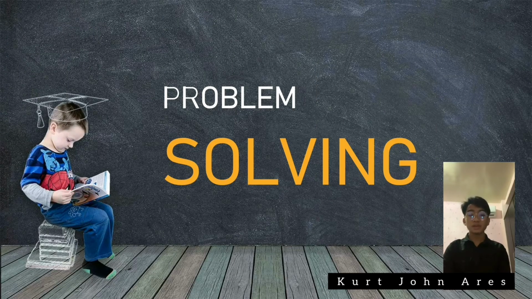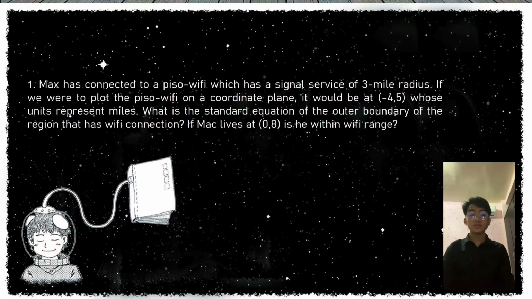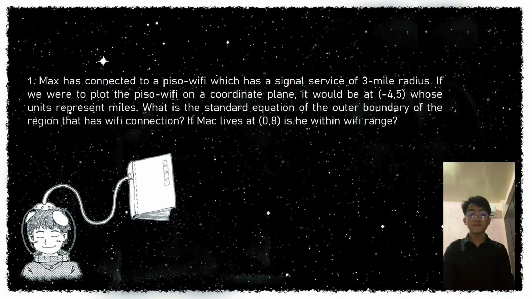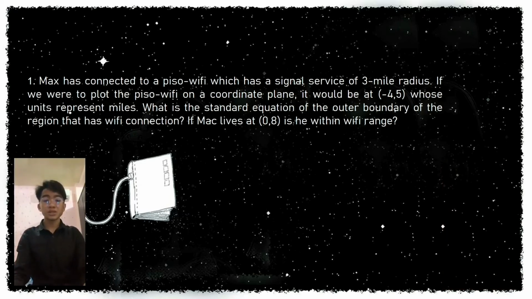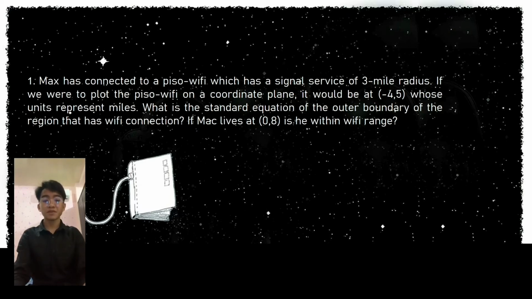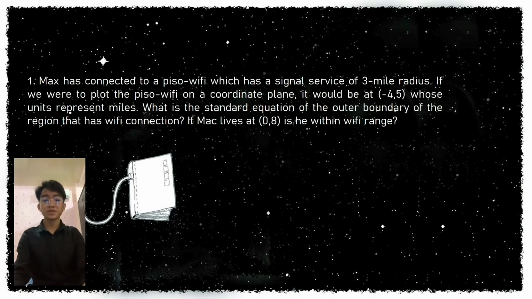So basically, a circle in pre-calculus is all points in a plane that are a fixed distance from a given point in the plane. The given point is called the center, (h, k), and the fixed distance is called the radius, r, of the circle. The problem is, Max has connected to a piece of Wi-Fi which has a signal service of a 3-mile radius.